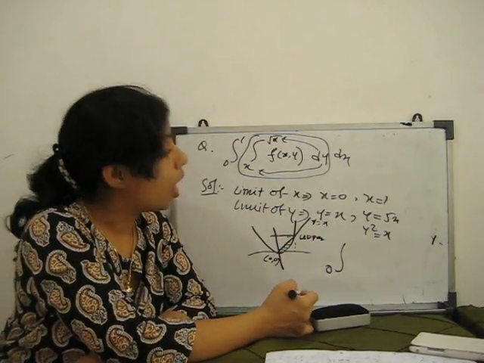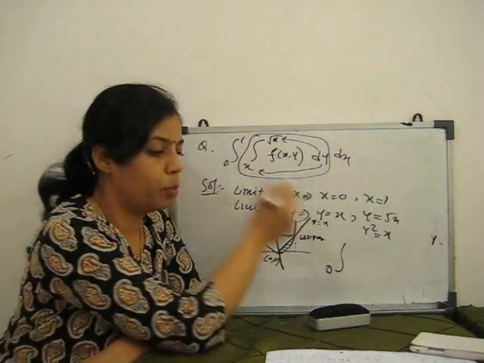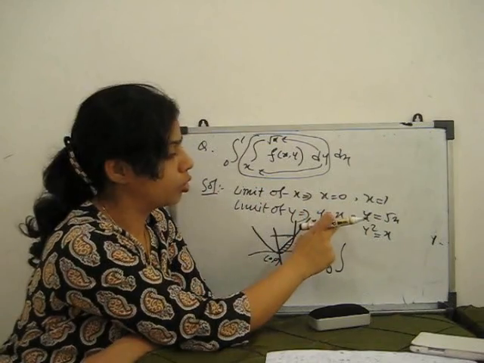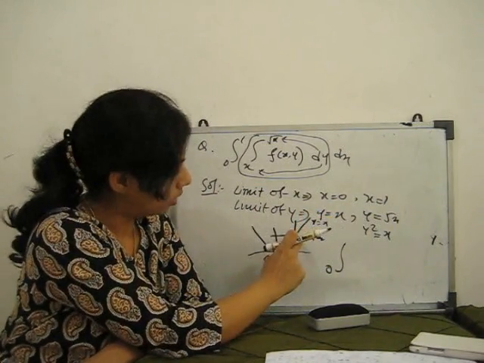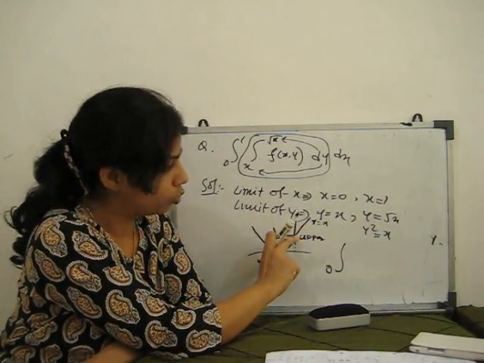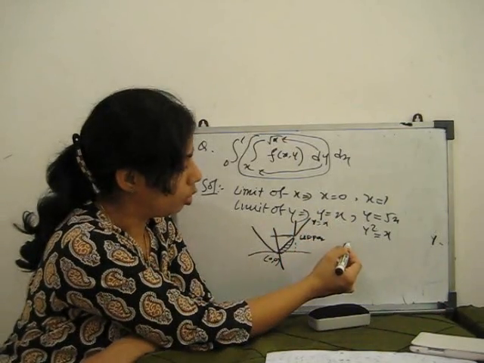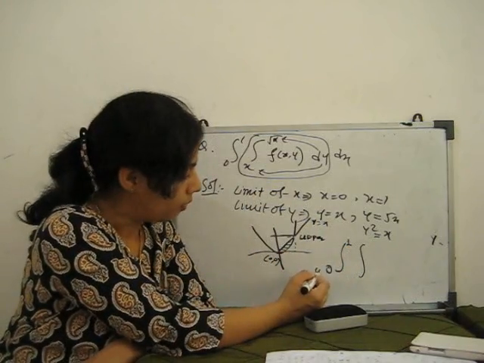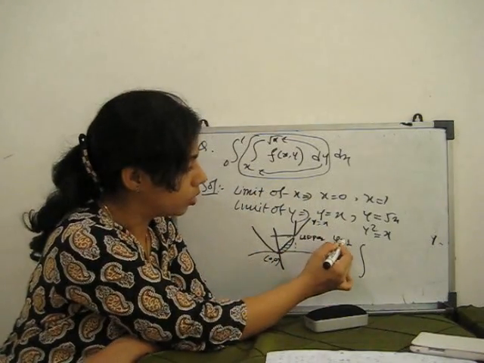Now we have to find the upper limit. When we put x equal to 1 here, y also gives 1, and this point is (1, 1). So the upper limit of y is also 1. y is equal to 0 and y is equal to 1.